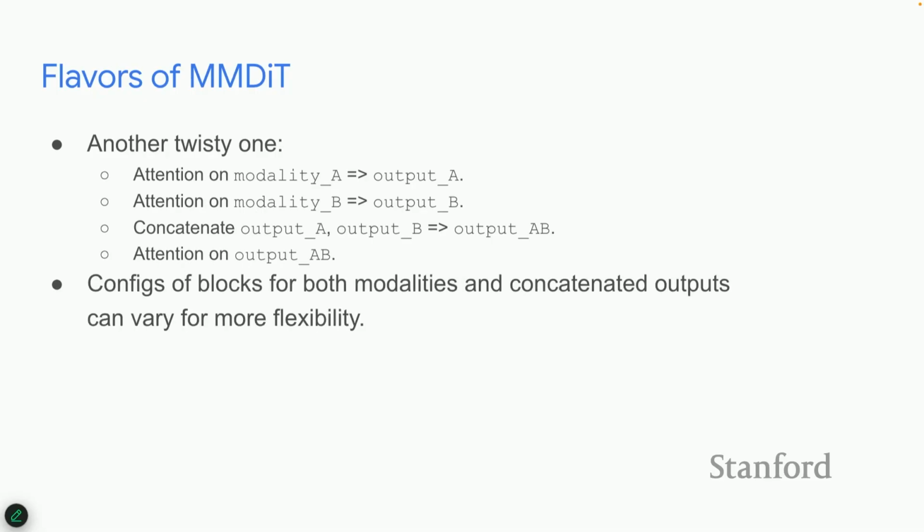In this way, you can configure all the different blocks in their own manner. The transformer blocks for modality A could be different from the transformer blocks you would use for modality B. So you have a greater level of flexibility and control.